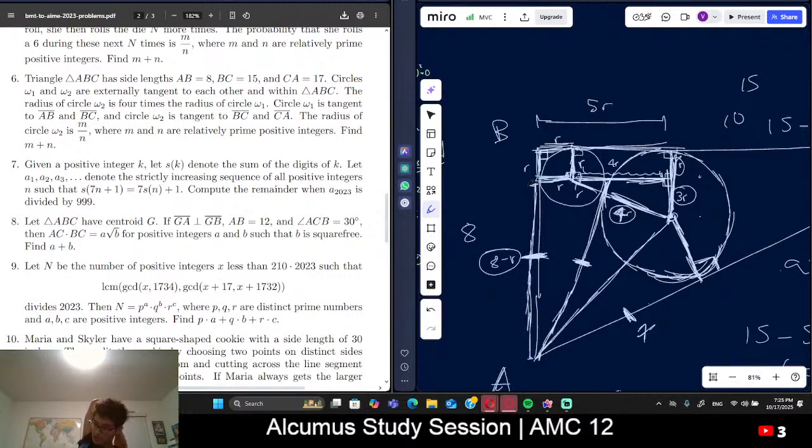If it's 8 minus r, what is 17 minus 8 plus r? That's 9 plus r. And then what is 15 minus 5r? That's obviously also the same thing.